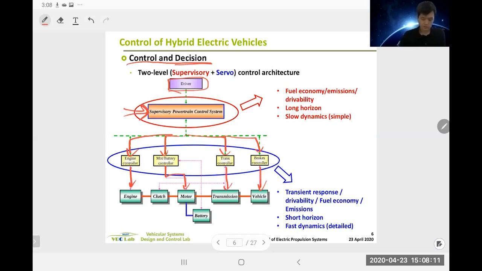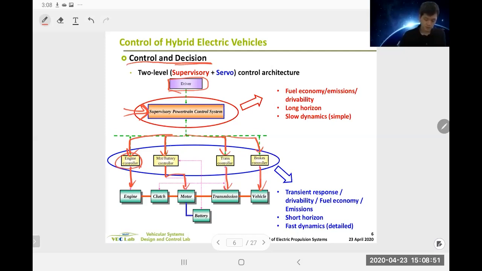This usually requires the highly intelligent part of the controller, whereas a low-level controller is more responsive and makes sure the command is executed. So if the engine command was to produce 100 Newton meters, then the controller tries to make sure your engine produces that engine torque, right?